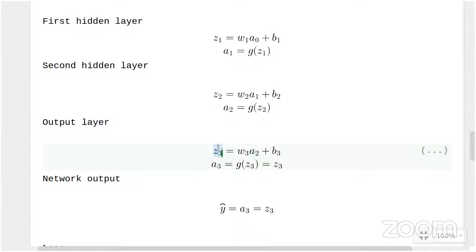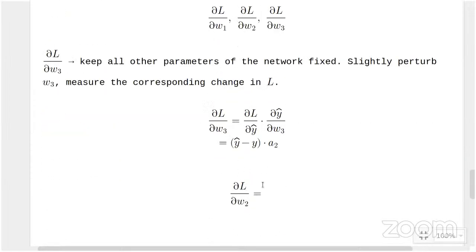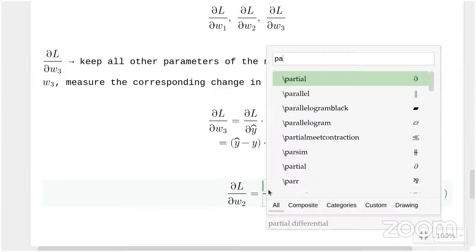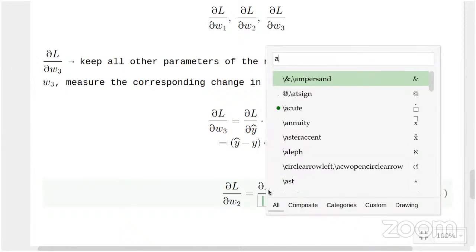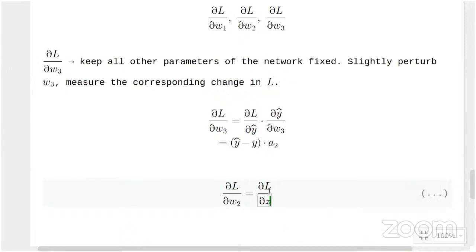But I know how Z3 affects the loss, right? So what I'm going to do is write this as dou L by dou Z3. Can you directly do that, or do you have to do G of Z3?